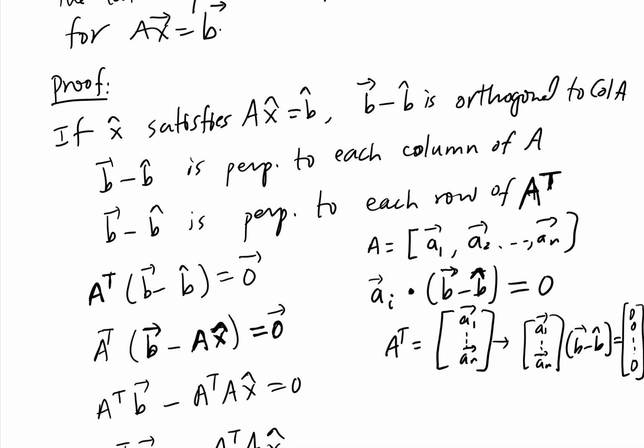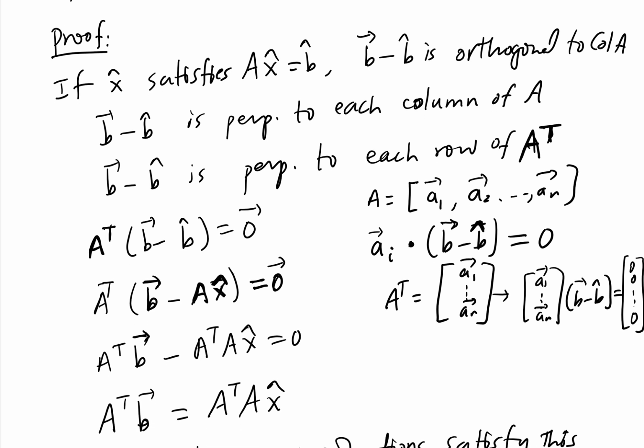So on the left-hand side, we write it like this: b hat is A x hat, and if we multiply this in, what do we get? A transpose b minus A transpose A x hat equals 0. If we add that to both sides, that gives me the equation. We get A transpose b equals A transpose A x hat.